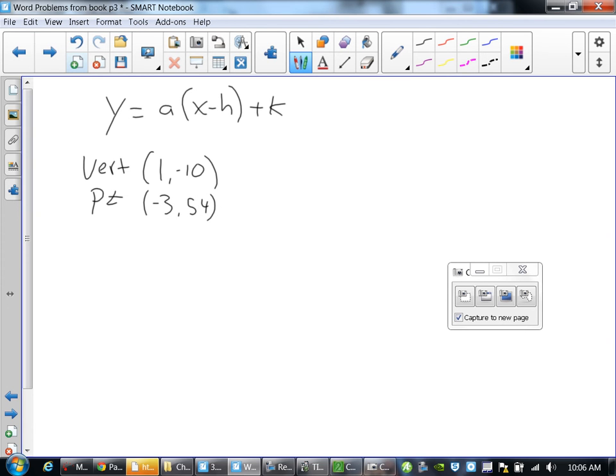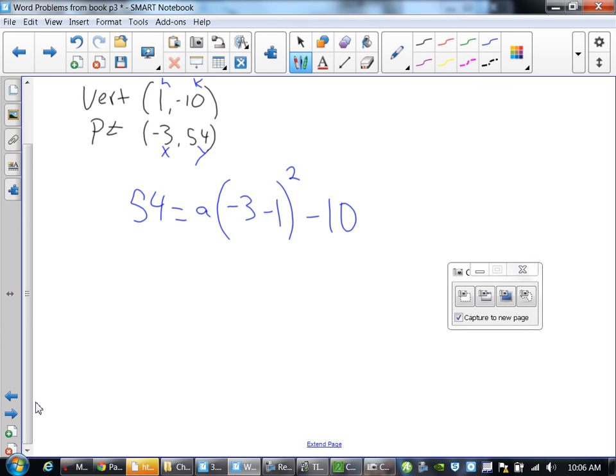What I want you to think about when you're doing these problems is that you have 4 of the 5 variables needed for the equation. The only one you don't have here is A. So you substitute in everything you know. This is Y, this is X, this is H, and that's K. So 54 equals A times -3 minus 1, quantity squared, minus 10.